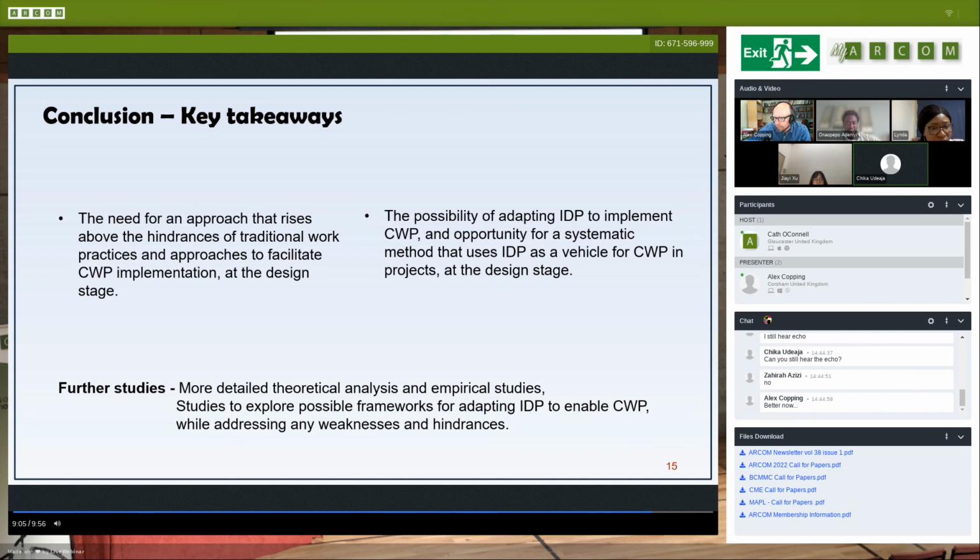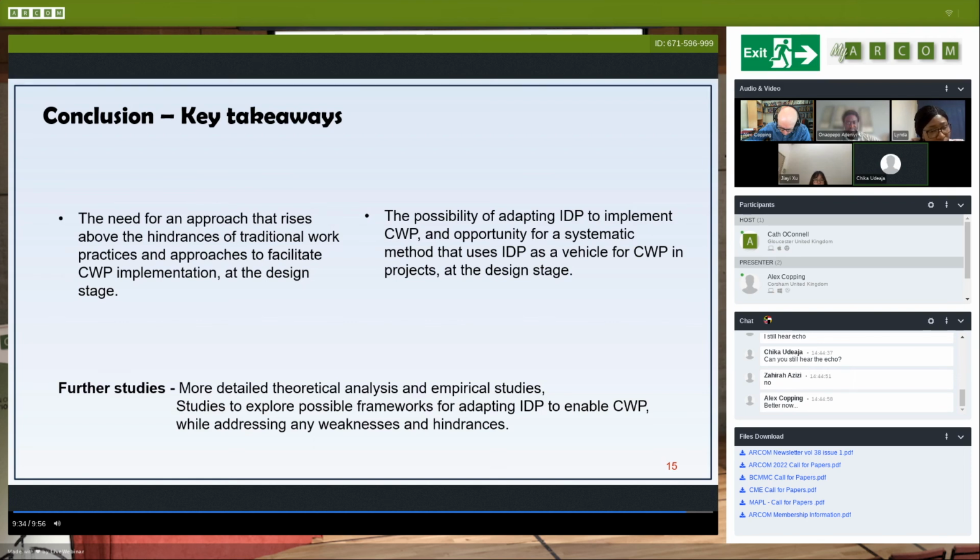There is a need for an approach that rises above the hindrances of traditional work practices and approaches to facilitate the implementation of CWP measures at the design stage. 2. There is the possibility of adapting IDP to implement CWP and an opportunity for a systematic method that uses IDP as a vehicle for CWP in projects at the design stage.